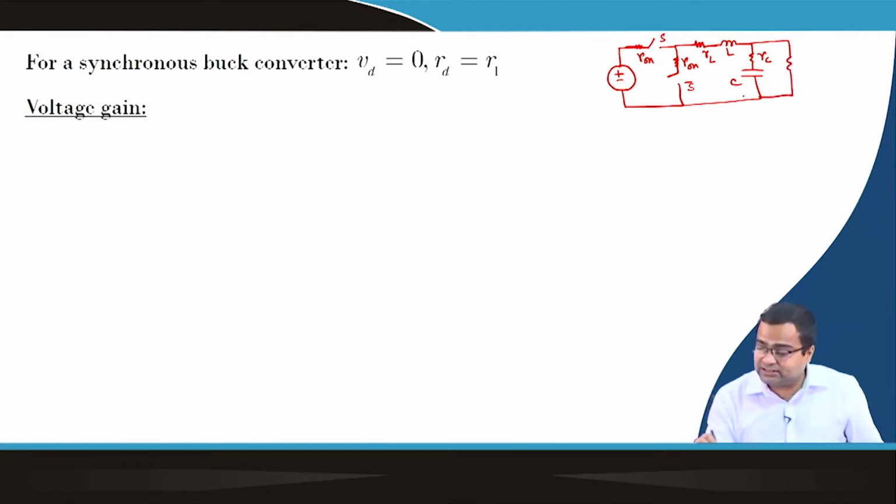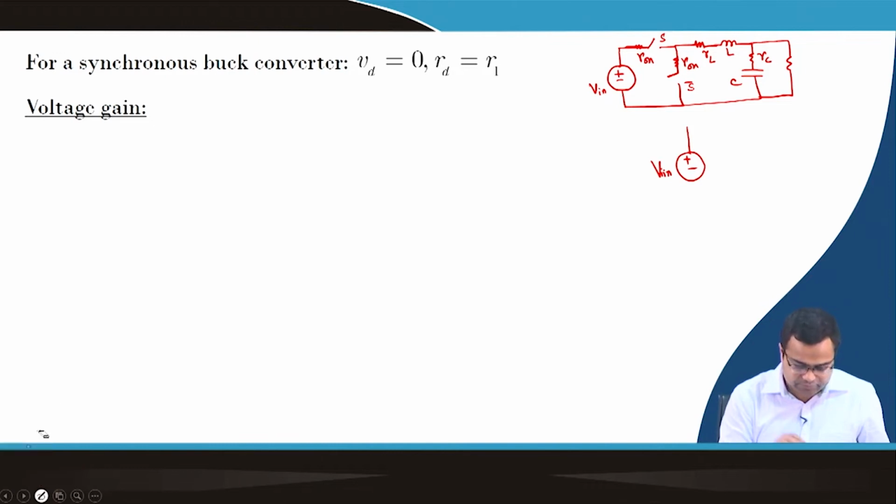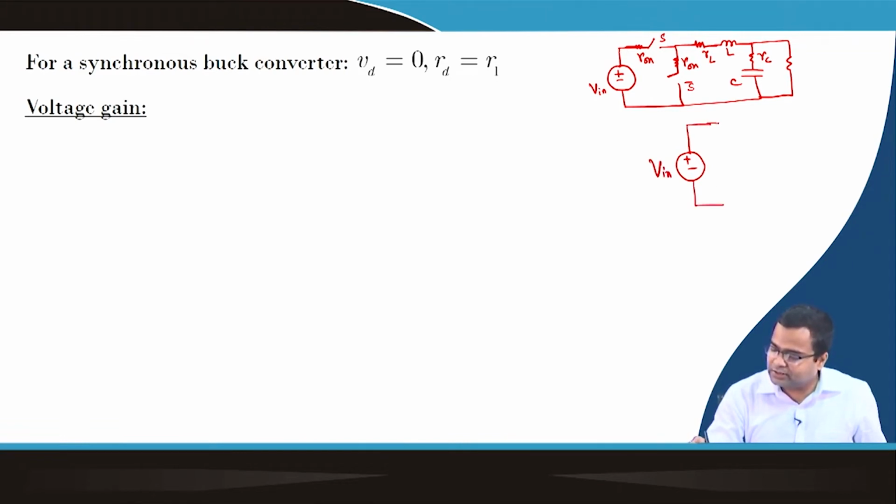Now, the DC equivalent circuit will be what we saw. This is my Vin. So, the DC equivalent circuit will be my capital Vin, and this resistance is my R equivalent, and this is my resistance, and this is my voltage.